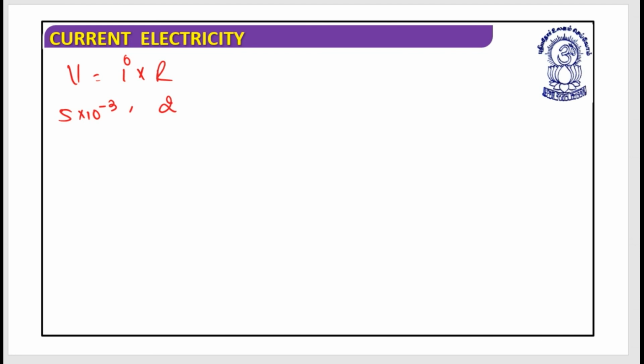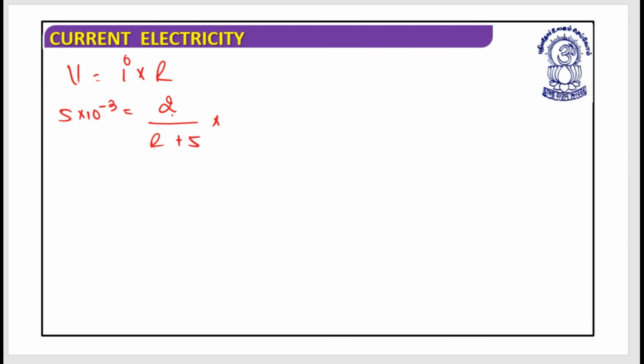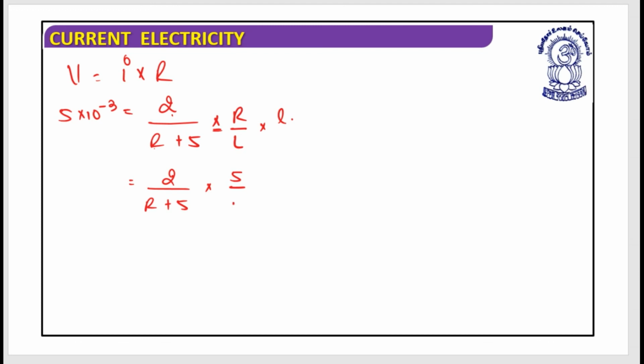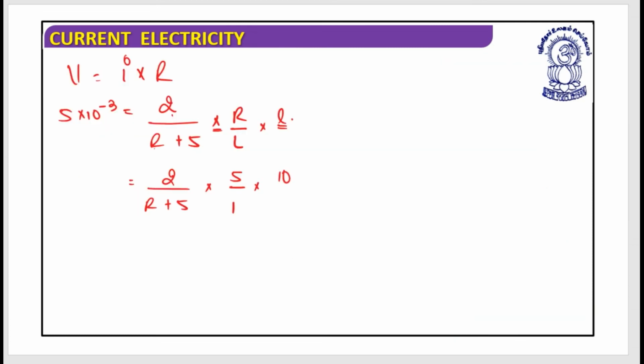V is equal to I times R, where the current is 2 divided by R plus 5, multiplied by the resistance of the wire, which is R by L multiplied by capital L. So this equals 2 divided by R plus 5, the total resistance of this wire is 5 ohm, and the length is 10 centimeters, so 10 divided by 100. This is equal to 5 into 10 to the power minus 3.